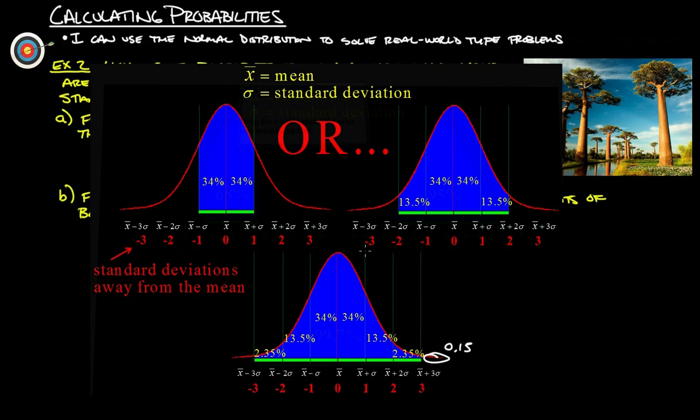So basically, from here up, that's our top 16%. So they want to know everything down in here, right? So this is 2.5 down here. Basically from -2 down is going to be 2.5. So we really just want to add that 2.5 more percent to our 34, 34, 13.5.